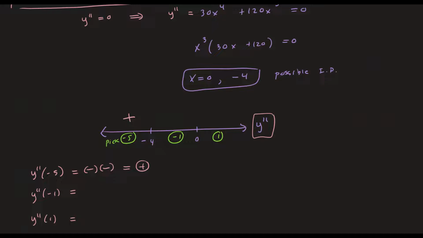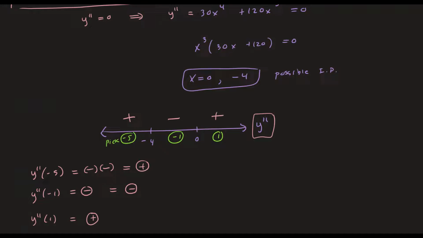When you plug in -1 into the second derivative, you get negative here and positive here, so that's going to be negative. So this interval is negative. And the last interval, we're testing 1. You can see that the second derivative is going to be positive when you plug in 1 here and here. All right, so done with that.